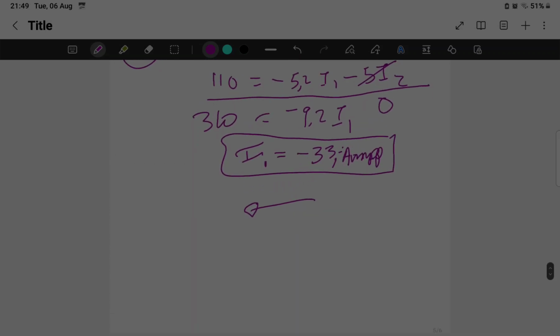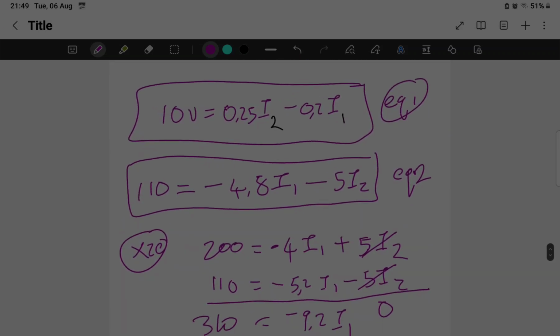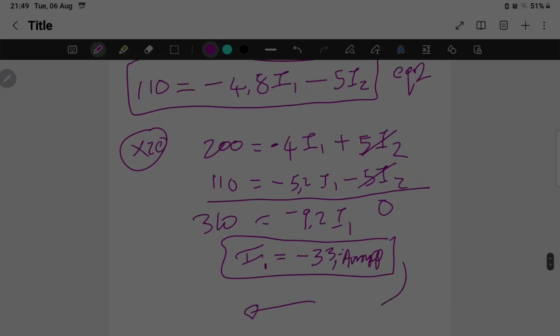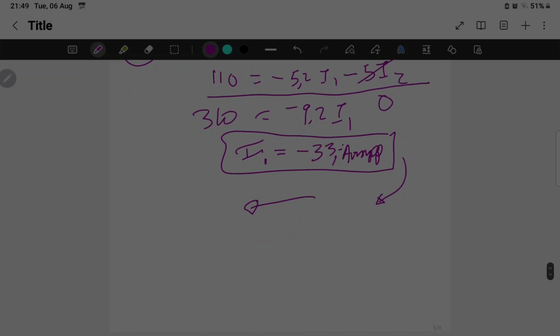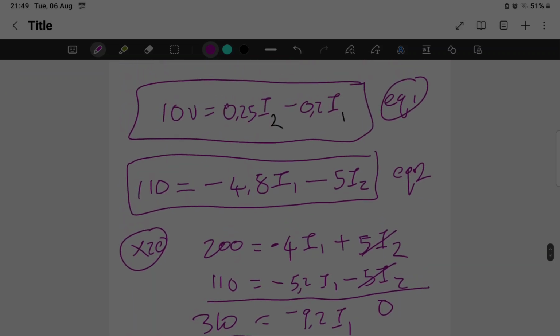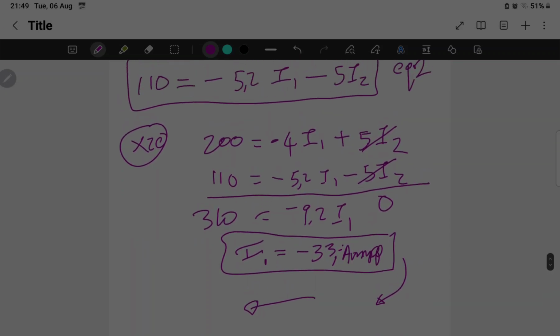Now to solve for the next unknown, basically what we're going to do is use this and substitute it in one of the equations. So let's use this equation.